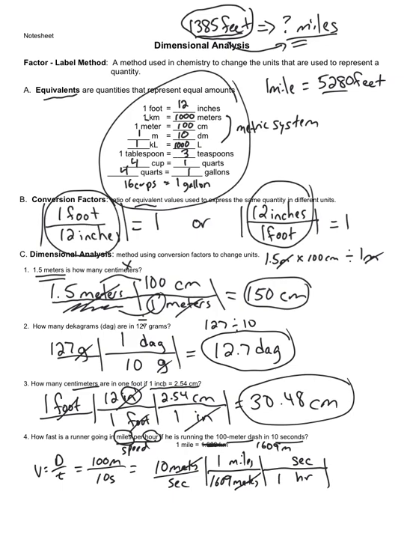We know hours are much longer than seconds. Does anybody know? Well, there's 60 seconds in a minute and there's 60 minutes in an hour. So there's a total of, not 120, but 3,600 seconds. There are 3,600 seconds in an hour. Now the seconds, because there's one at the top and the bottom, cancel. And now you'll notice that my units are going to be miles per hour.